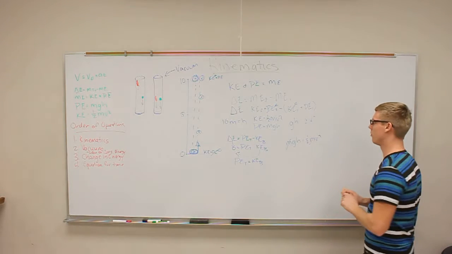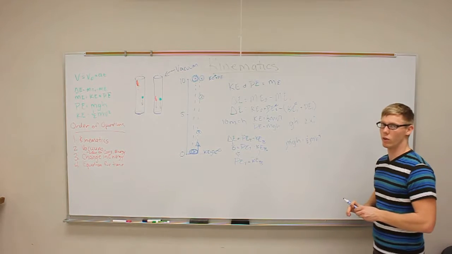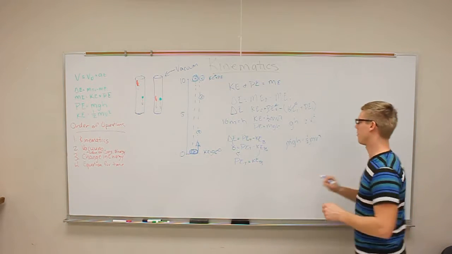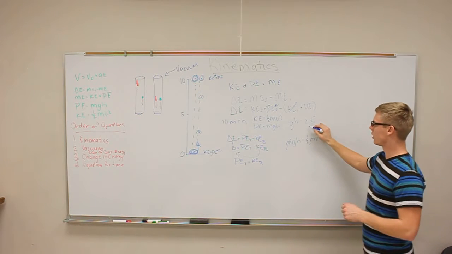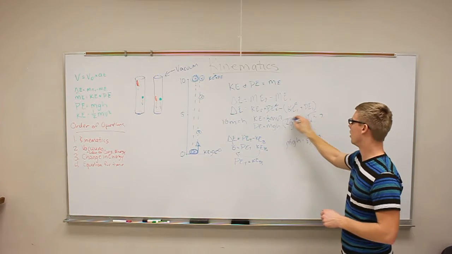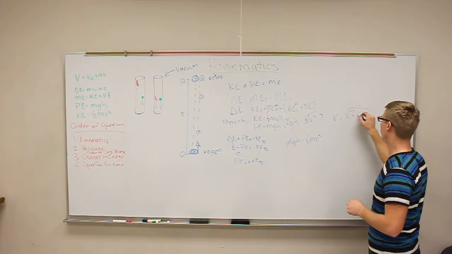But another time, another lecture. So right now we're solving for velocity. We want to know the final velocity of the ball right before it hits, the second before it hits. So we can rearrange this equation, multiply by 2 on both sides, and then square root to get v equals the square root of 2gh.